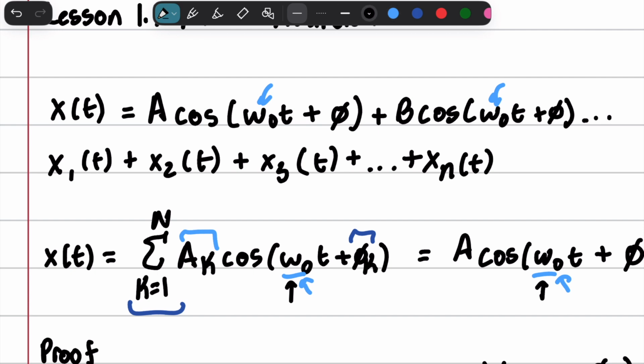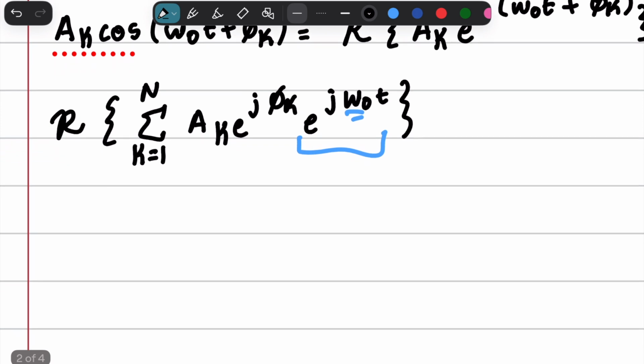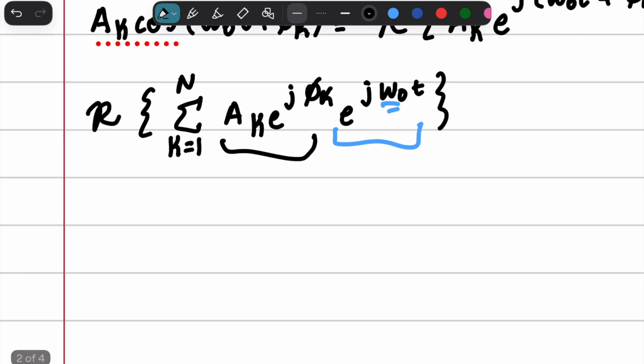But for now, we're only going to look at sinusoids that share the same frequency. Okay? And so effectively, we can just leave this alone for now. We can take this out of the summation, and we can focus just on this part right here.